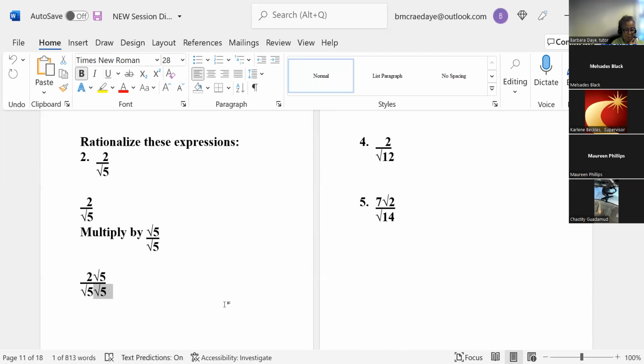Yeah, you're multiplying the numerator by square root of 5 and the denominator by square root of 5. That's like multiplying the whole thing by 1. And we can multiply by 1 and we don't change the value, right? Okay, so what do I get for the numerator, Maureen?